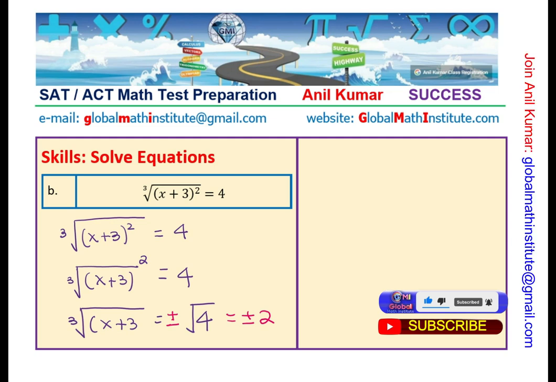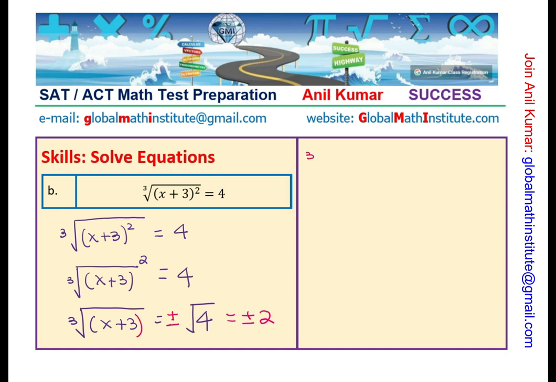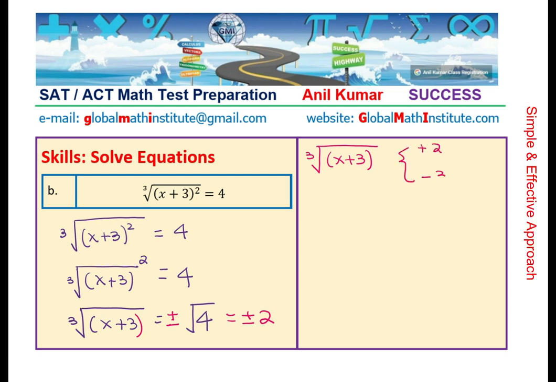Perfect. So now we can have this equation, which is cube root of (x plus 3). This could be equal to either plus 2 or minus 2. Do you understand? So it is equal to either one of them, right? Both are the right answers. Now we are going to cube them, right?